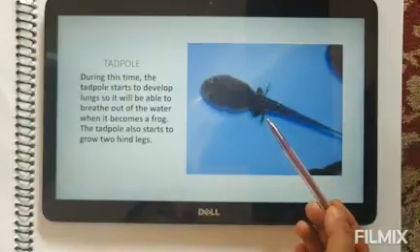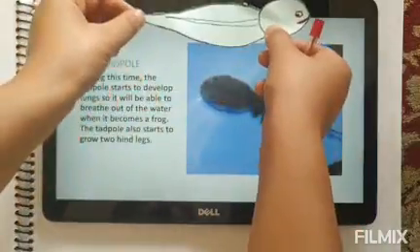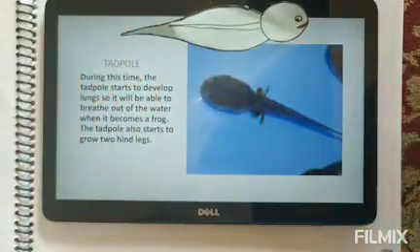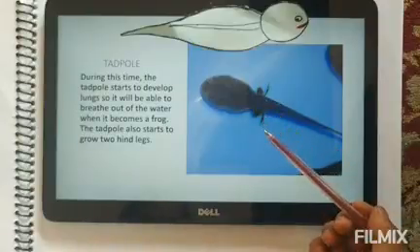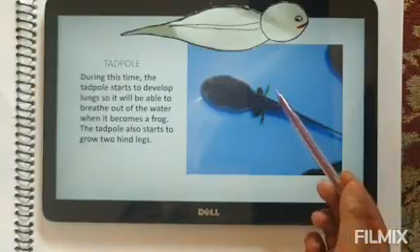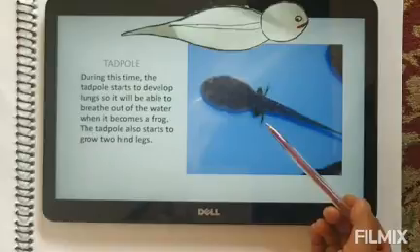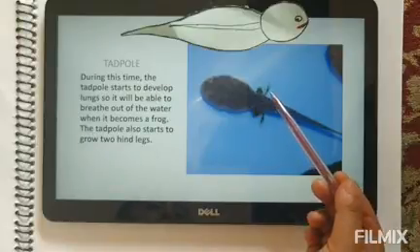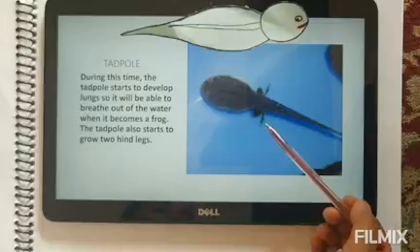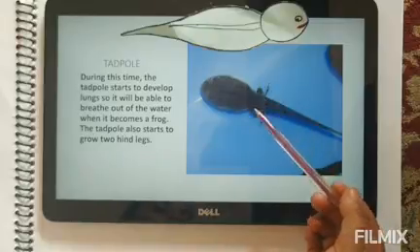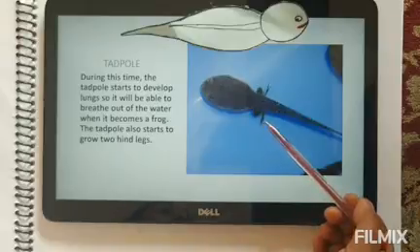Okay, so this is another stage in the life cycle of a frog, that it will develop two legs first. Okay, so when the legs develop, what is happening? It is changing into a frog.